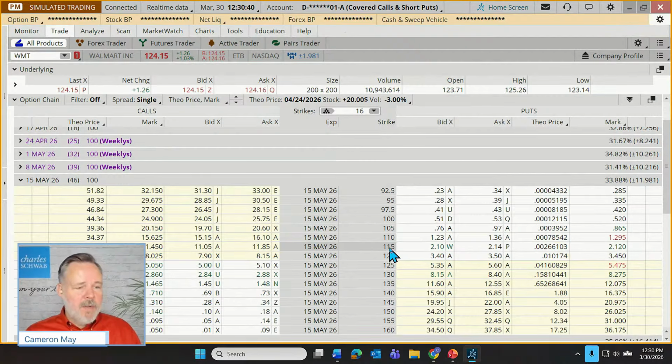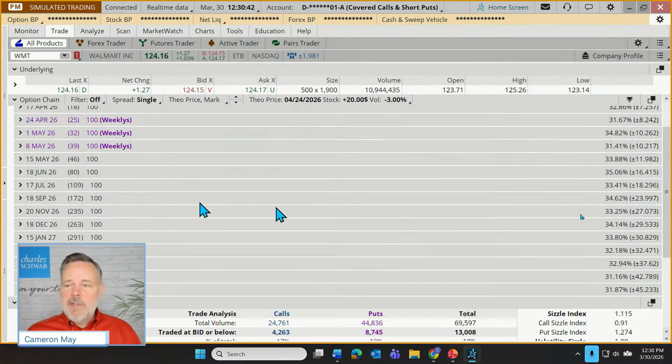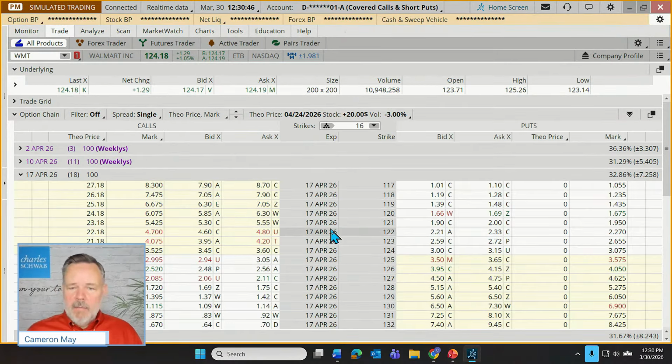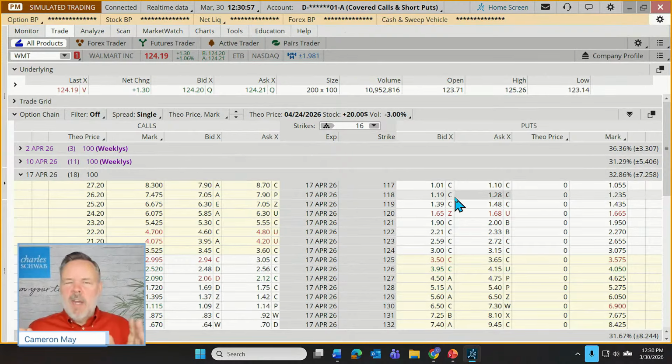Mark says much more open interest in the 120 strike. That's a good observation there, Mark. What Mark's hinting at there is liquidity. Now, this is Walmart. Walmart's one of the most liquid companies on the planet. And so we already have one of the threats that poor liquidity can introduce to a trade. It can make it more difficult to get into or out of the trade.